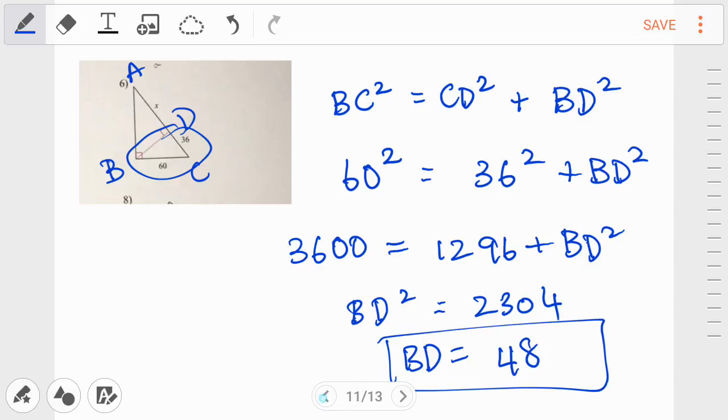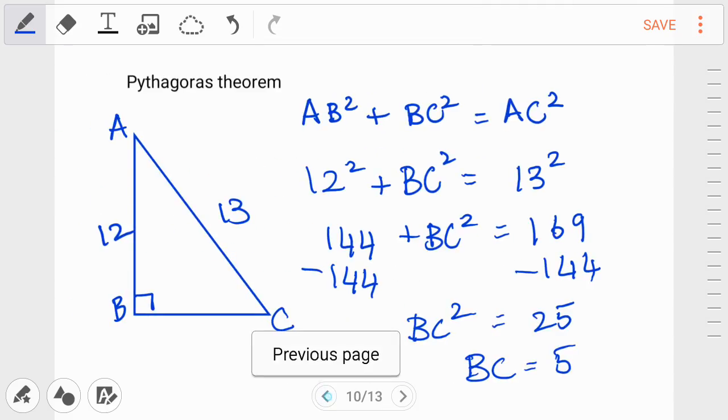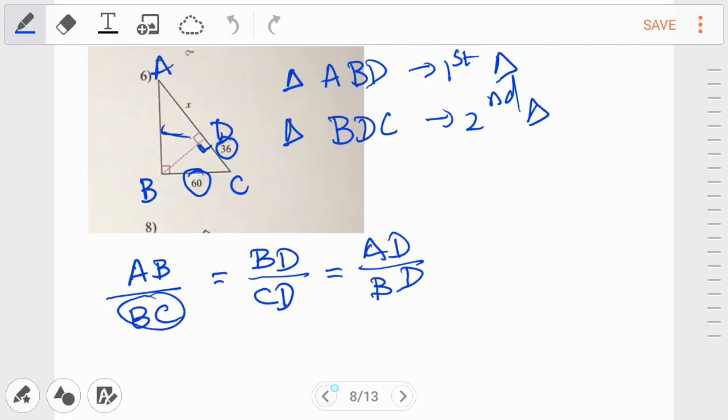So let's go back to where we started. Okay, now we know BD, we know CD, and we don't know AB, so we can just chuck that. BD is 48, CD is 36, AD is X, and BD again is 48.